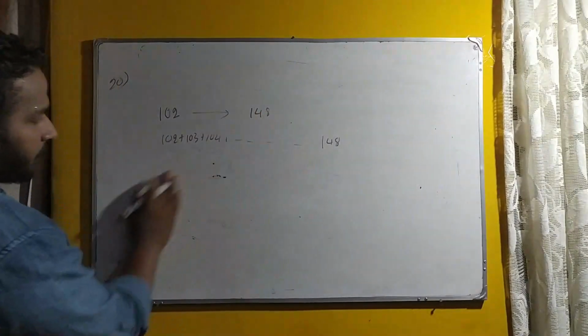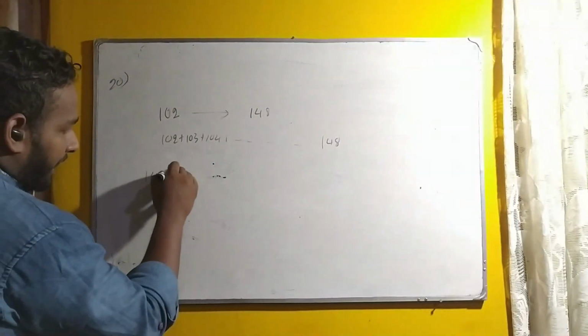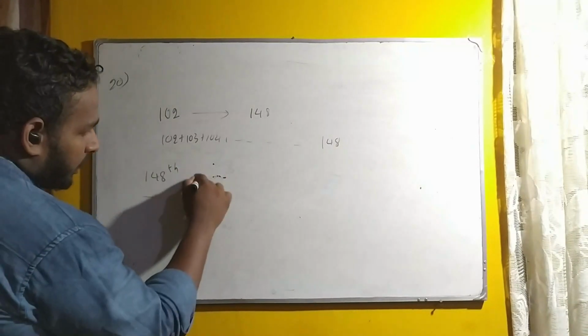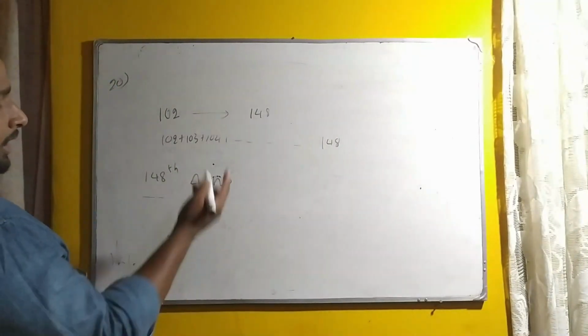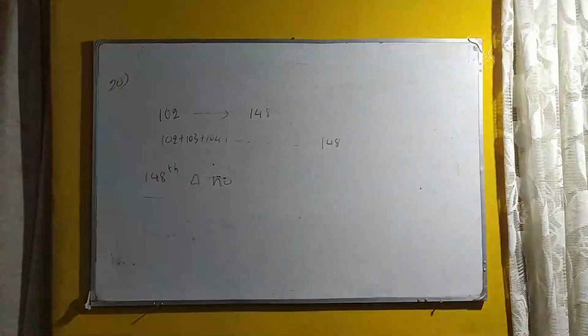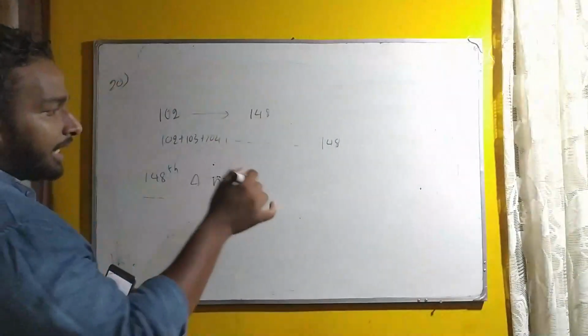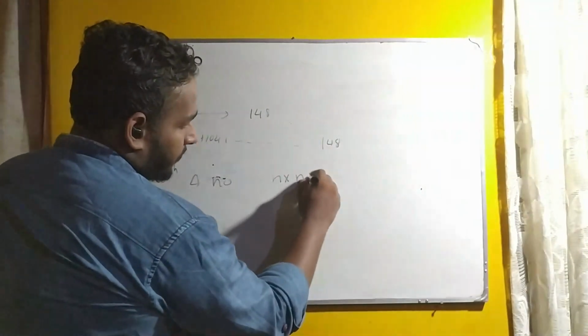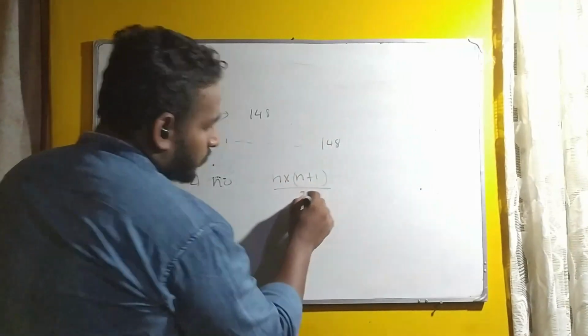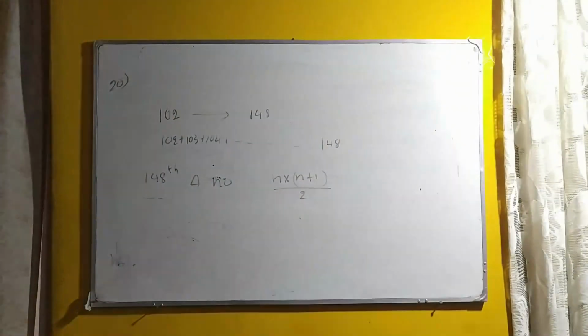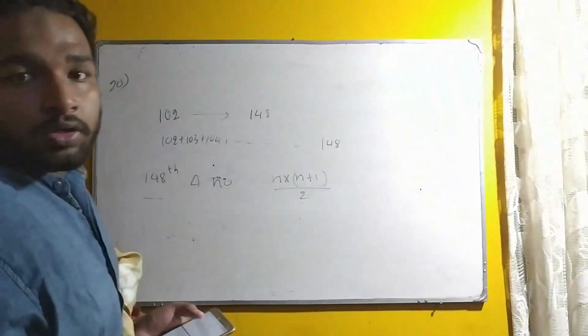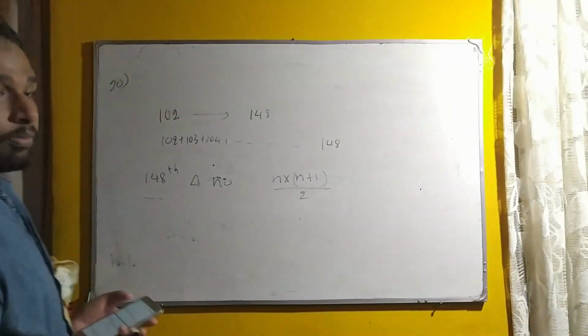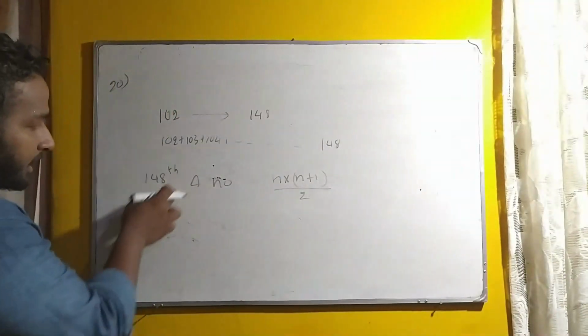So first of all, I am finding the 148th triangular number. The general term of triangular numbers, which you have studied in grade 8, is n into n plus 1 divided by 2. So this is the general term for finding triangular numbers. Here n is equal to 148.